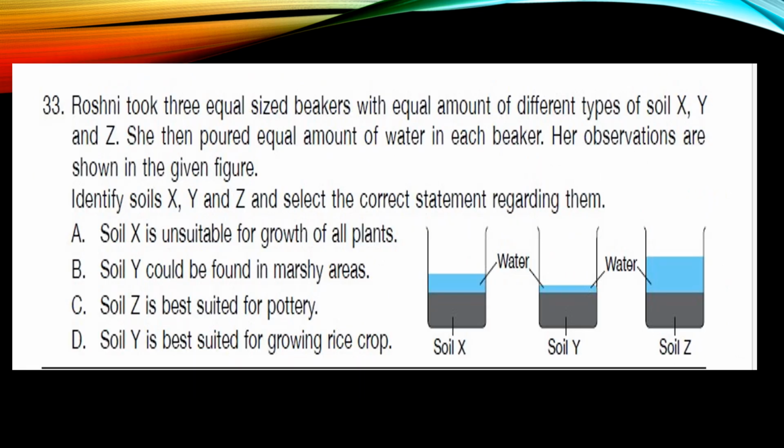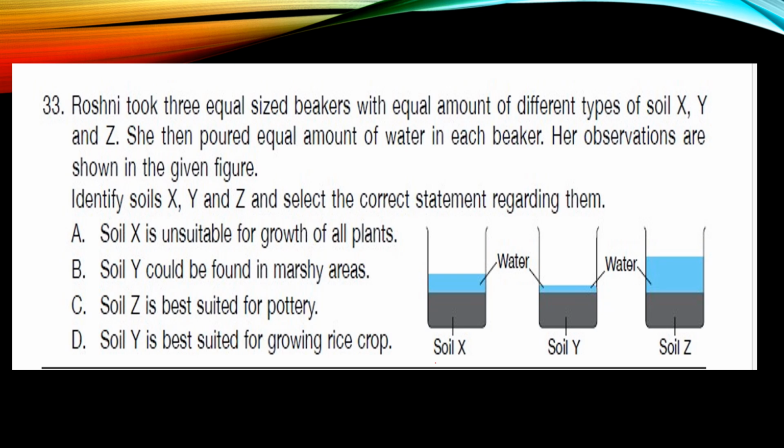Question number 33. Roshni took three equal sized beakers with equal amount of different types of soil X, Y and Z. She then poured equal amount of water in each beaker. Her observations are shown in the given figure.